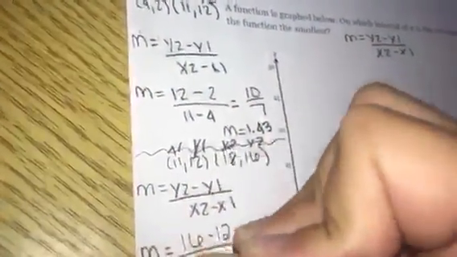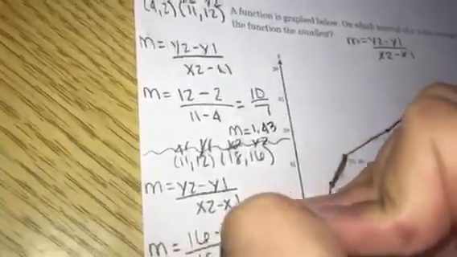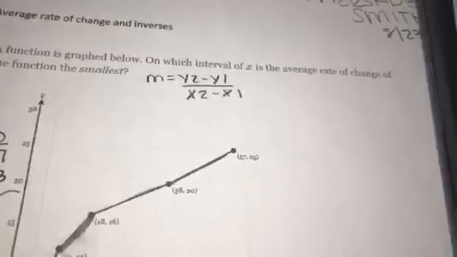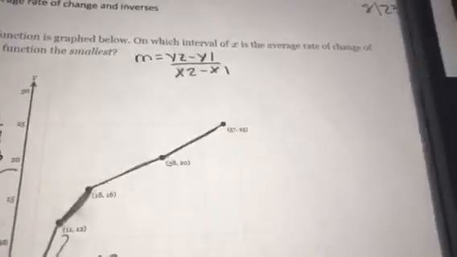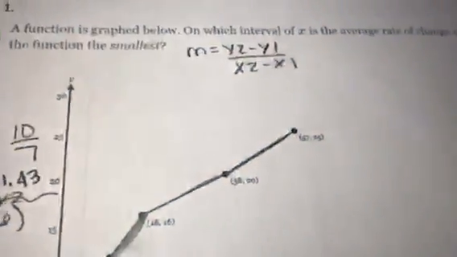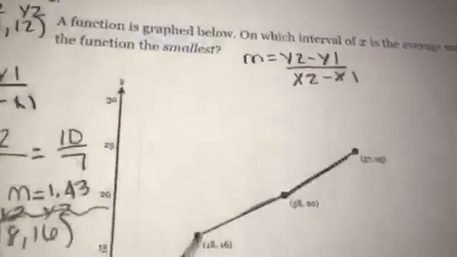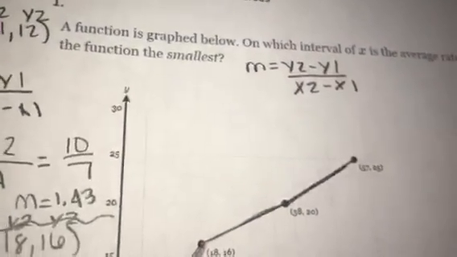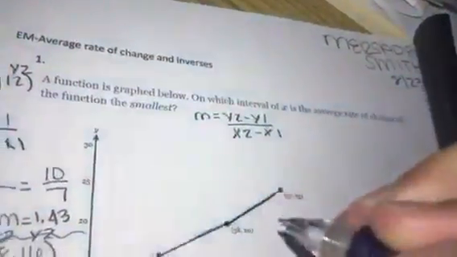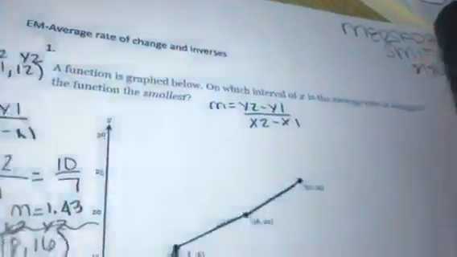We get 16 minus 12 over 18 minus 11. 16 minus 12 is 4, 18 minus 11 is 7. So we get 4/7, which in decimal form would be 0.57. This is our average rate of change for this interval.